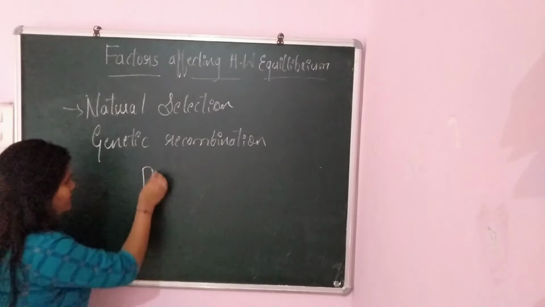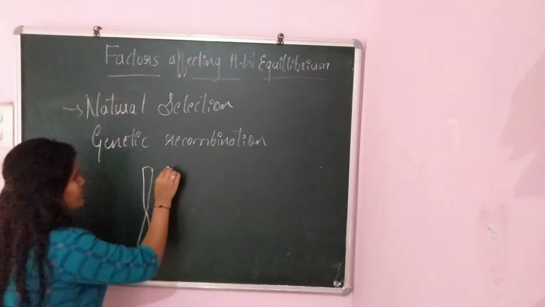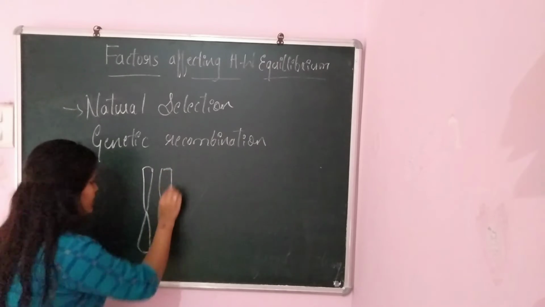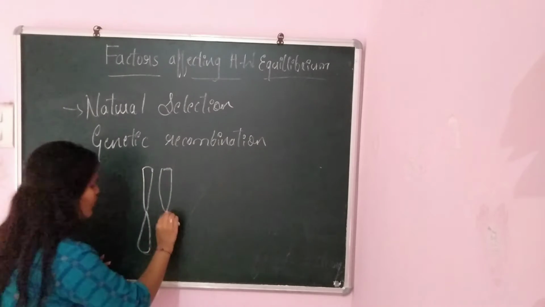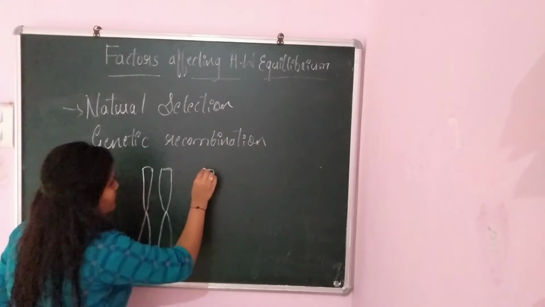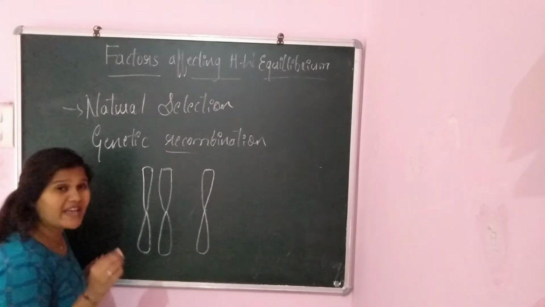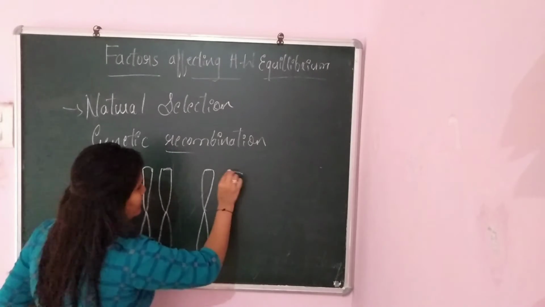Have a look over here. We all have homologous chromosomes in our body, right? The word itself says genetic recombination.